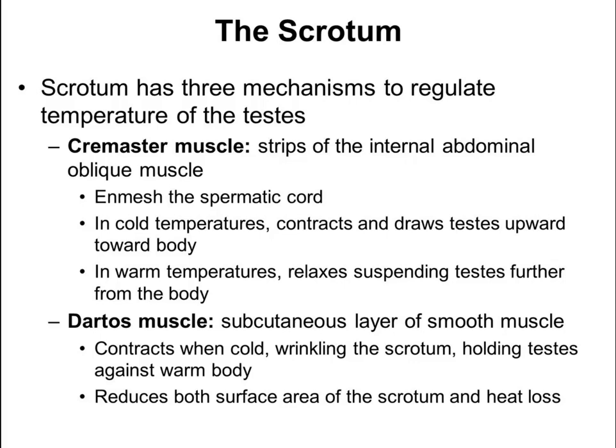In cold temperatures, it can contract and draw the testes upward towards the body so that the testicles get warmed. In warm temperatures, it can relax and suspend the testes further away from the body, therefore cooling off the testicles.